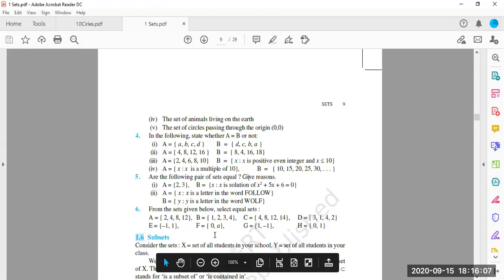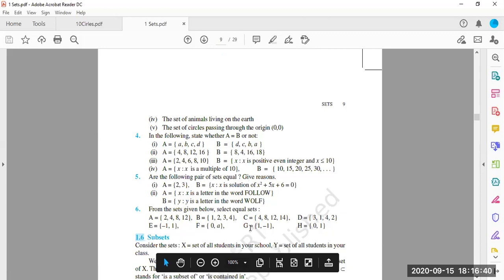So from the sets given below, select equal sets. Select any set which is equal and then we finish this lecture. Which set is equal? Equal sets. E and G. See 1, 2, 3, 4. Here 1, 2, 3, 4. D and B are equal. Where is E? E is minus 1, 1.